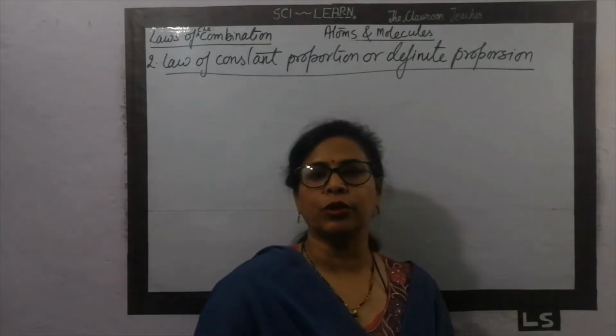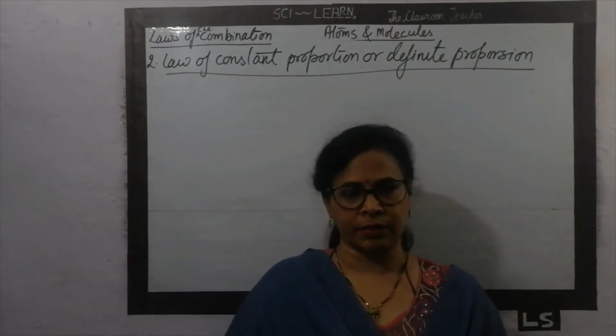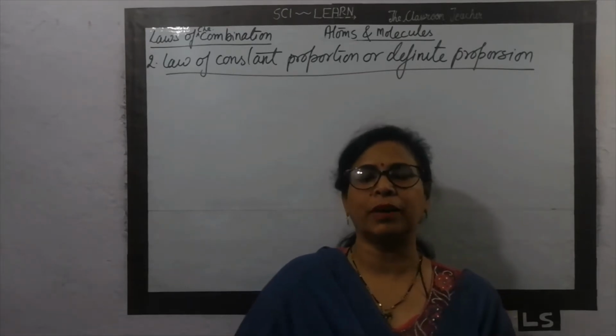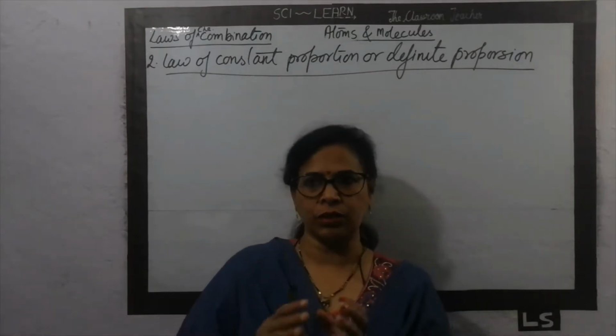What is the meaning of the word constant or definite? It means fixed. If anything is fixed, it cannot be changed by time. That is called the law, the constant or the definite.